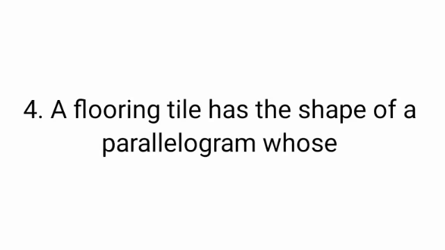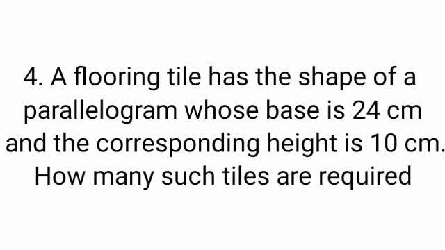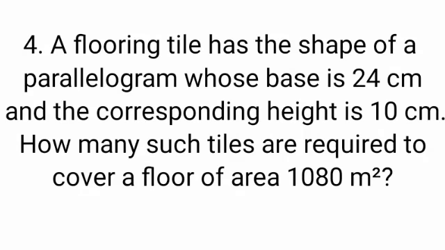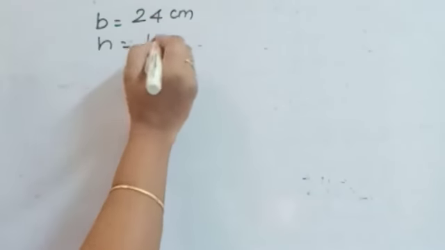Question number 4. A flooring tile has the shape of a parallelogram whose base is 24 cm and the corresponding height is 10 cm. How many such tiles are required to cover a floor of area 1080 meter square? A tile is in the shape of a parallelogram and its base is given as 24 cm and its height is given as 10 cm.